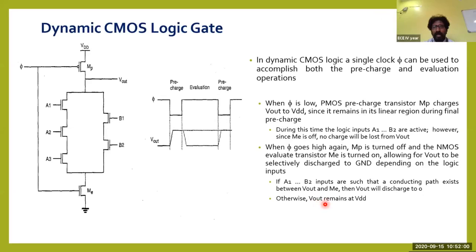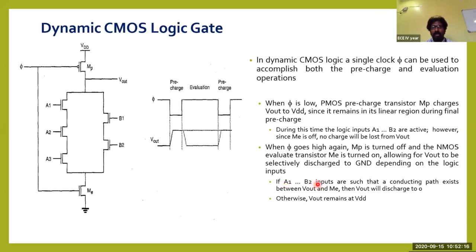This is your point. How V out will remain VDD means what has happened in the previous state: your capacitor is fully charged, right? Forget about now, in this state the PMOS is off. Whenever the capacitor is fully charged, see this point.